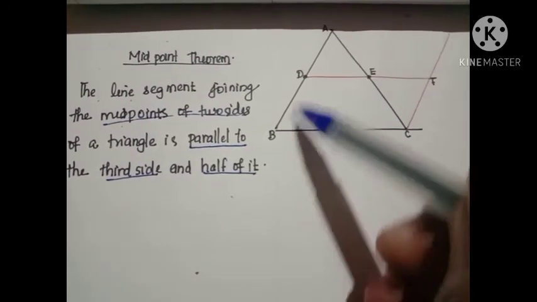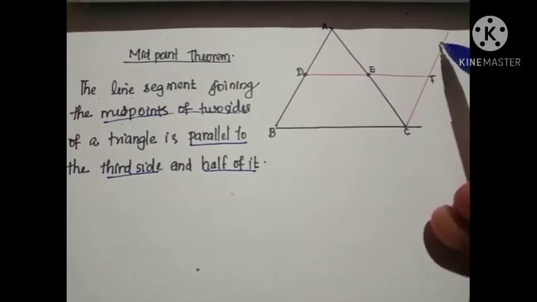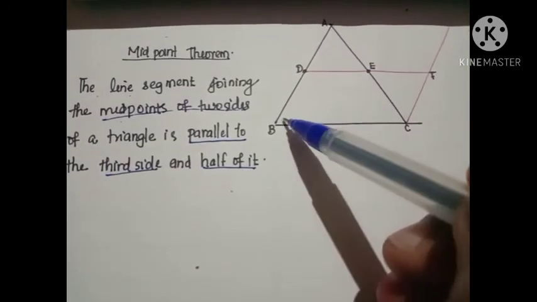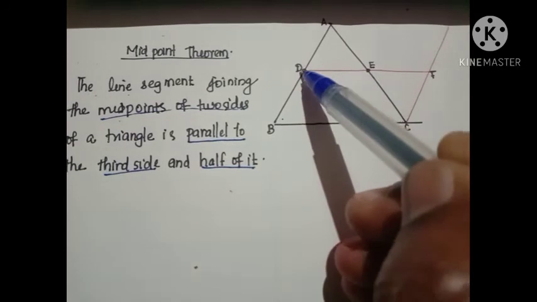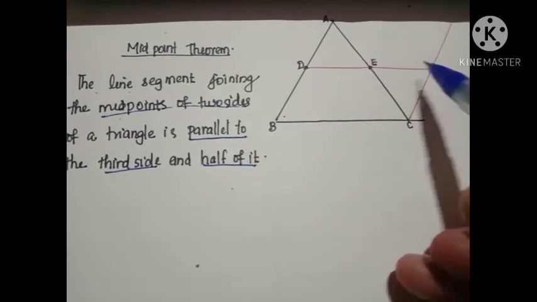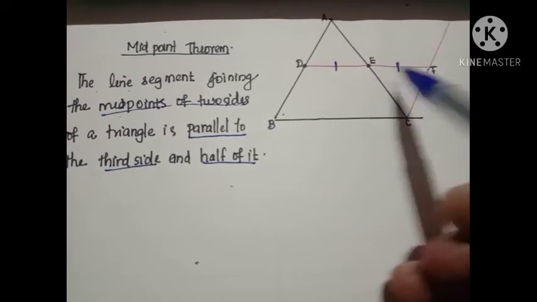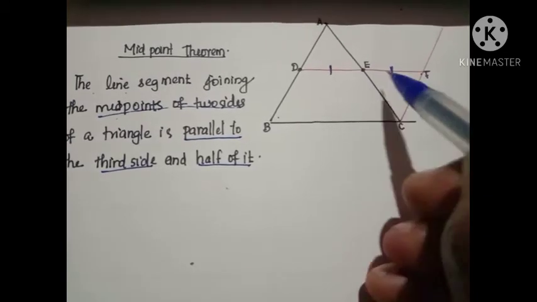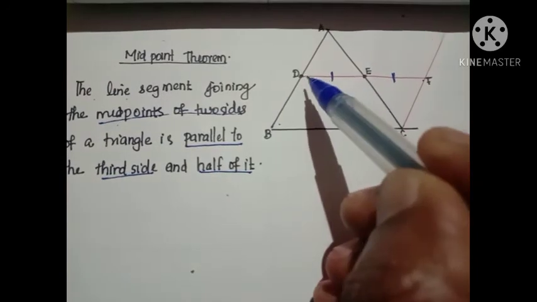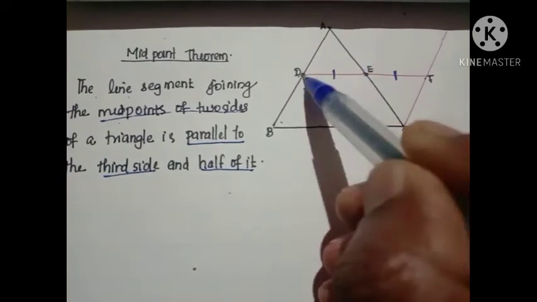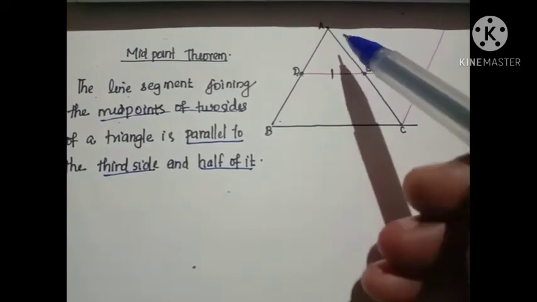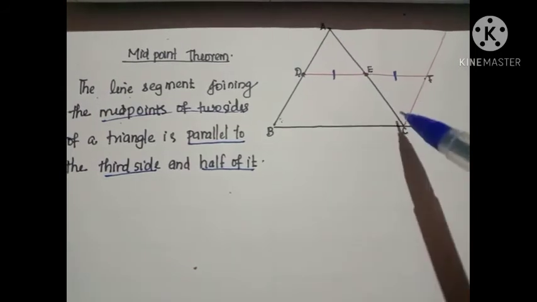So, listen, we draw a line CF parallel to AB and we extend the line DE to a point F such that DE length and EF length are equal. So this is our construction, and D and E, these two points, are midpoints of the sides AB and AC.